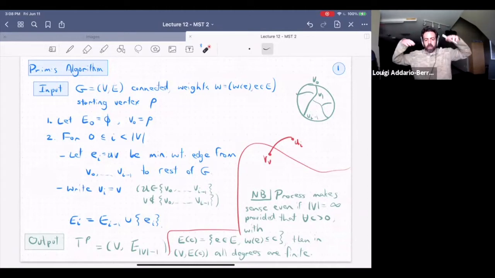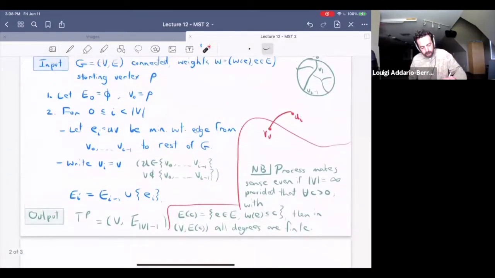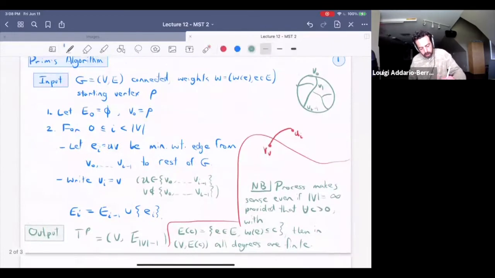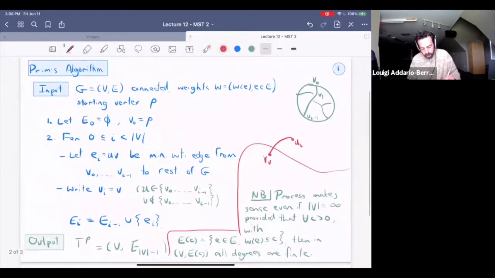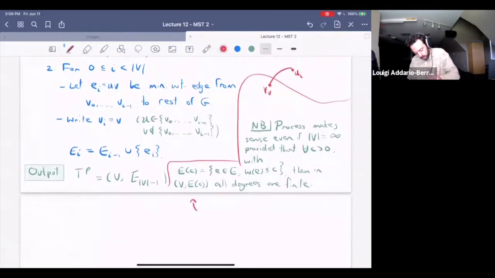It won't suddenly jump to infinitely many edges, or instantly be infinite for any positive C. So this condition, that if I restrict to edges of any finite weight I only see bounded degrees, is enough for this algorithm to be well defined even on infinite graphs. Okay, so graphs like this we'll call locally finite.